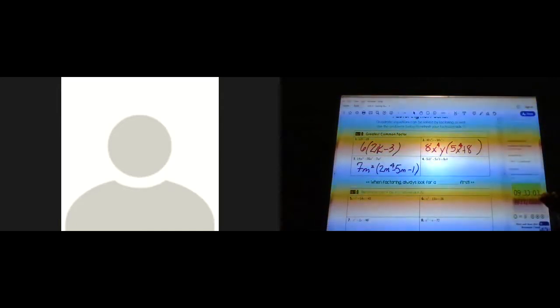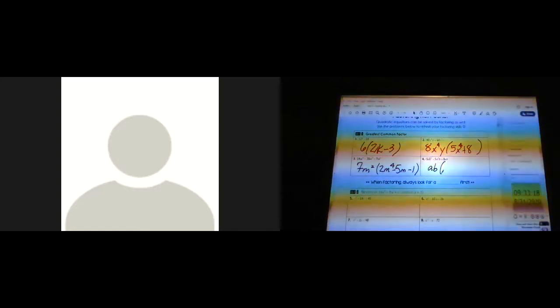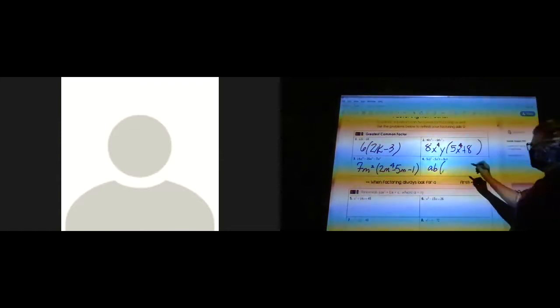All we're doing is factoring out our greatest common factor. What's the greatest common factor on number 4? What did you say, Josh? I would say ab. Okay. And then, three what, Josh? 3b.